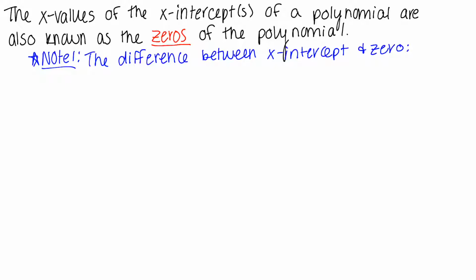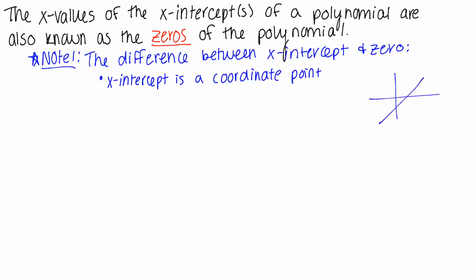So, let me get my pen. An x-intercept is a coordinate point. So if I draw a picture right here with some graph, the place where it crosses the x-axis right there, let's say it crosses at 1, we would say that the x-intercept is at (1, 0).